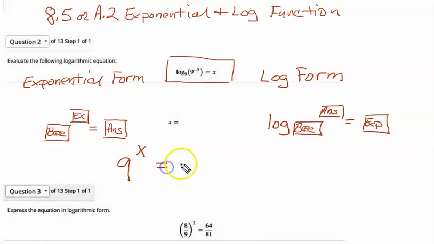And our answer is 9 to the negative 5. Now, one of the rules we have for exponents and logs is if your bases are the same, then the exponents equal each other. So here, x is going to be negative 5.